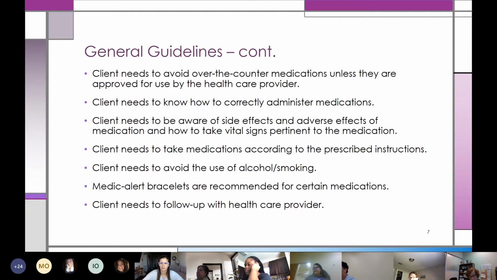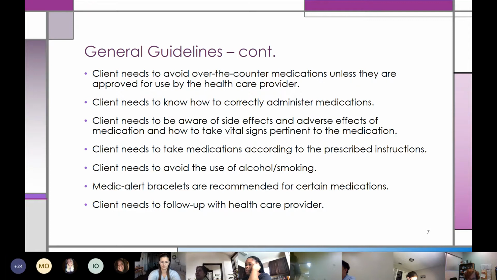We also know that we tell our patients not to take over-the-counter medications unless the healthcare provider approves. But I can tell you, in the real world, y'all know that patients take all kinds of stuff over the counter. But it's a good thing to know what medications they are. That's why we do that medication reconciliation when they come into the hospital and before they're discharged.